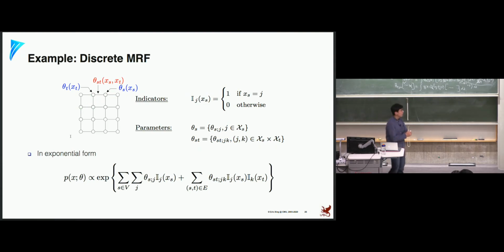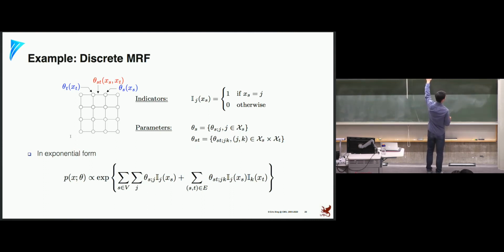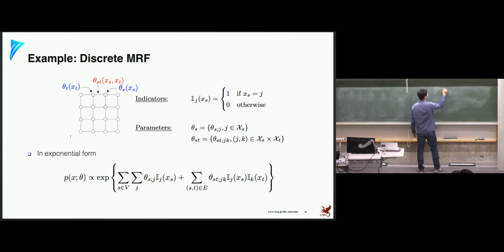Okay. There's another example. Actually, there's an even simpler example. Let's consider an Ising model like this, and each variable here is just -1, +1.